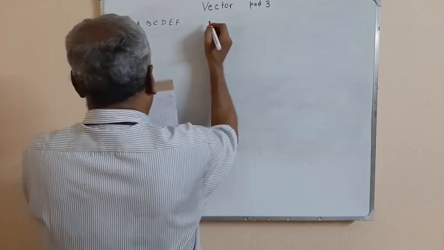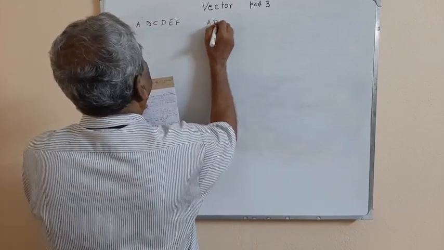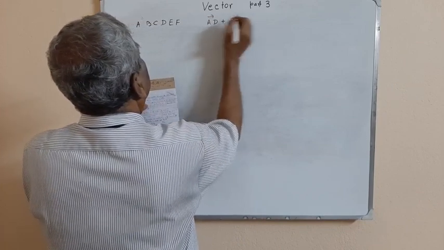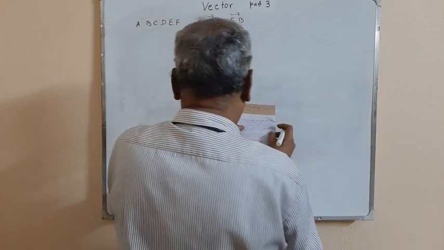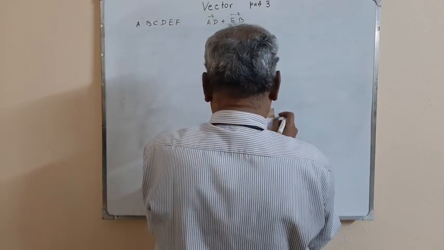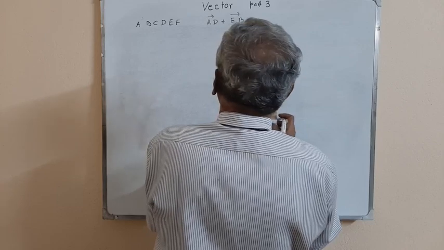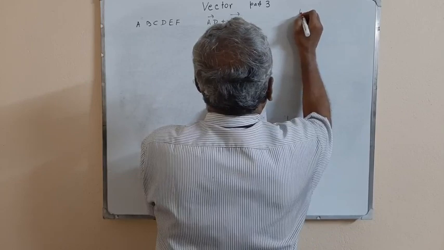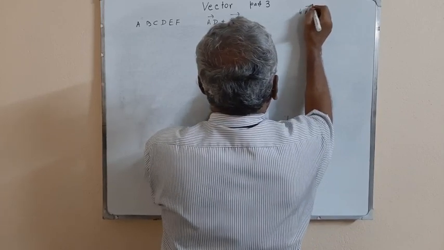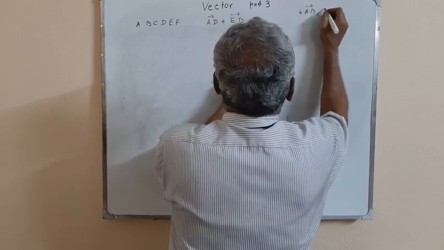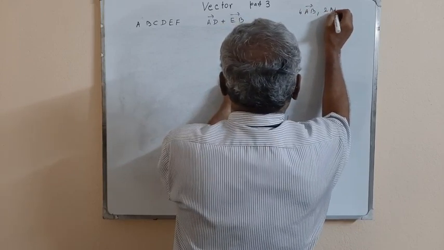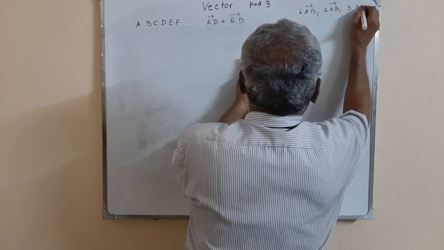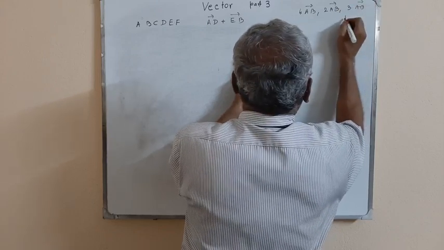Then the vector AD plus EB is what? Options are 4AB, 2AB, 3AB, half AB.